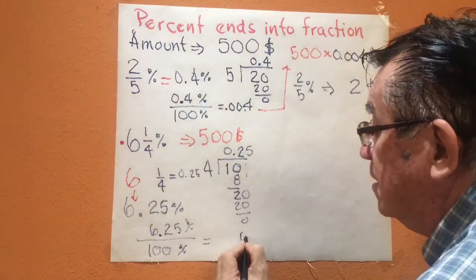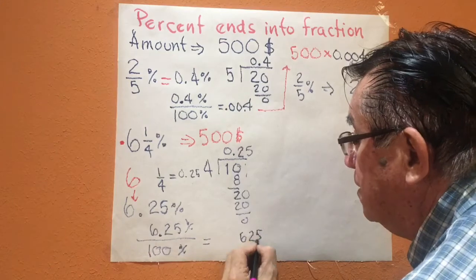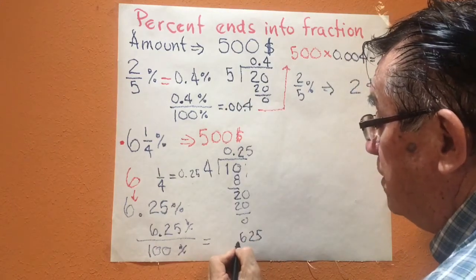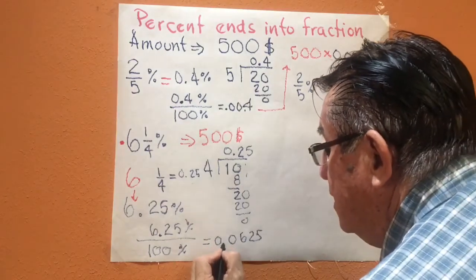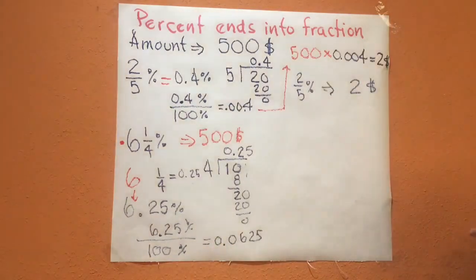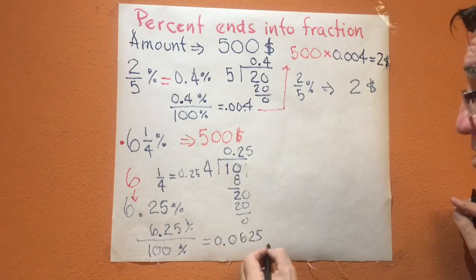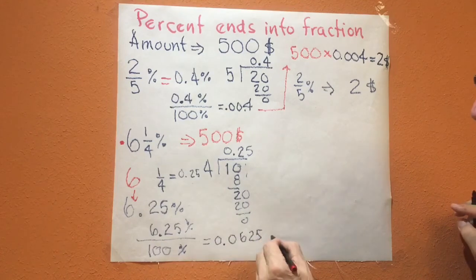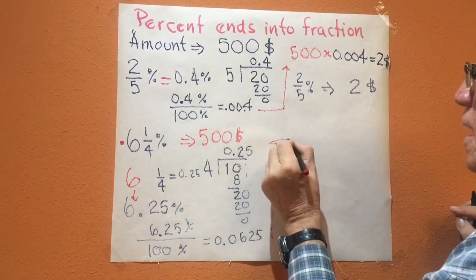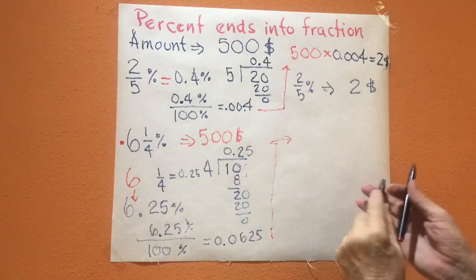Okay, I write 625. This is one place, another place, and then this is going to be my decimal number.